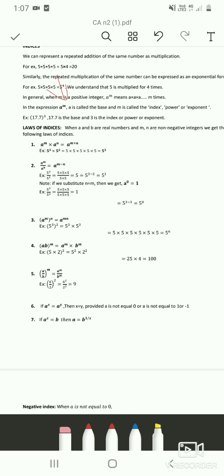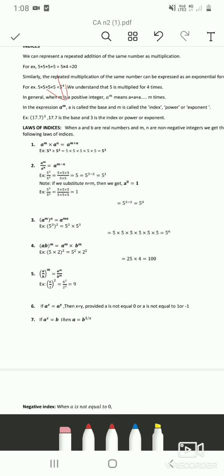The second law is a power m upon a power n equal to a power m minus n. Here a must not be equal to 0. Also we have seen that a power 0 is always equal to 1. That is, any number raised to 0 will always be equal to 1.